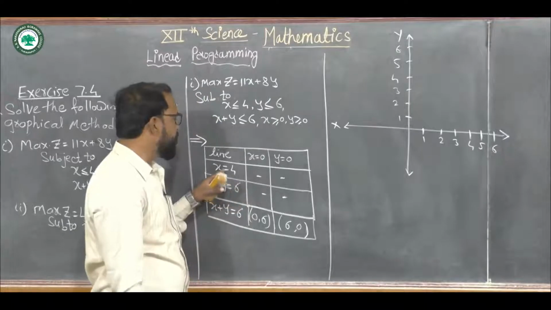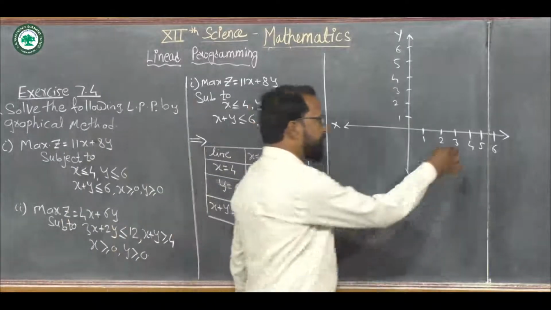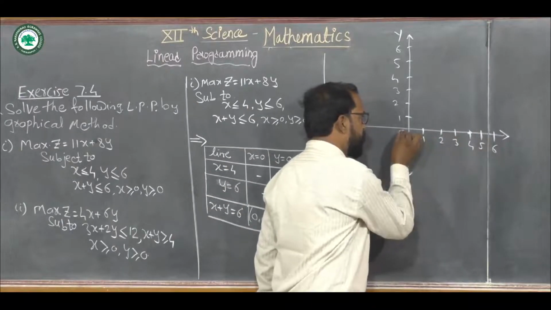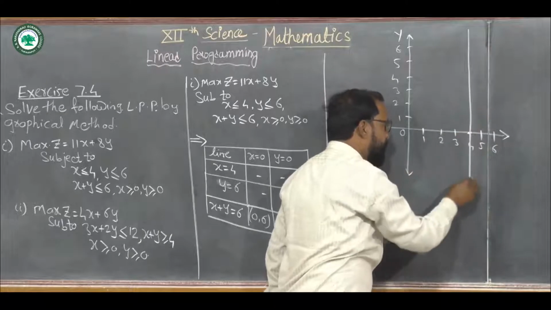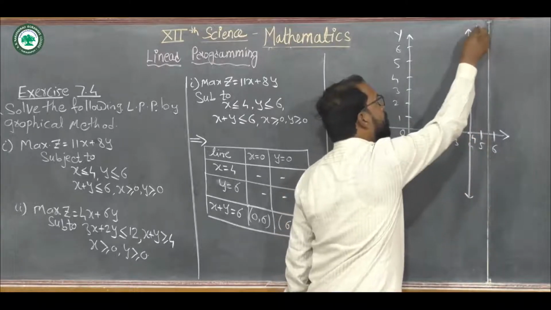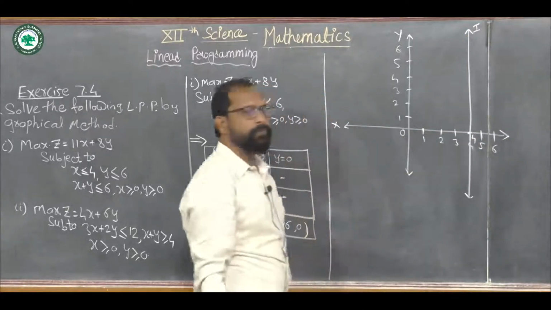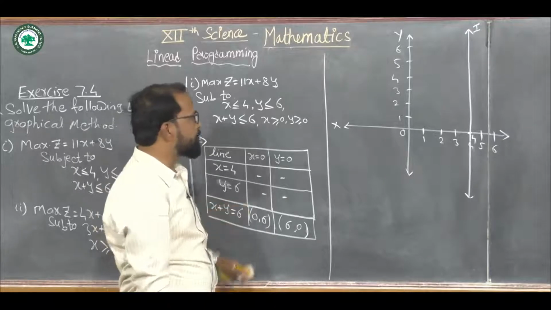Now the first line is x equals to 4, that is the line passing through x equals to 4. Here it is x equals to 4, this is the origin. So this is the first line, that is x equals to 4. Now the next line is y equals to 6.